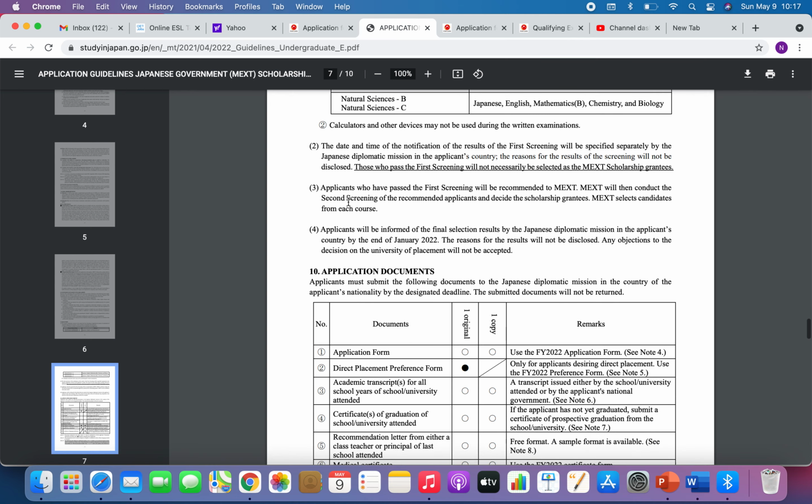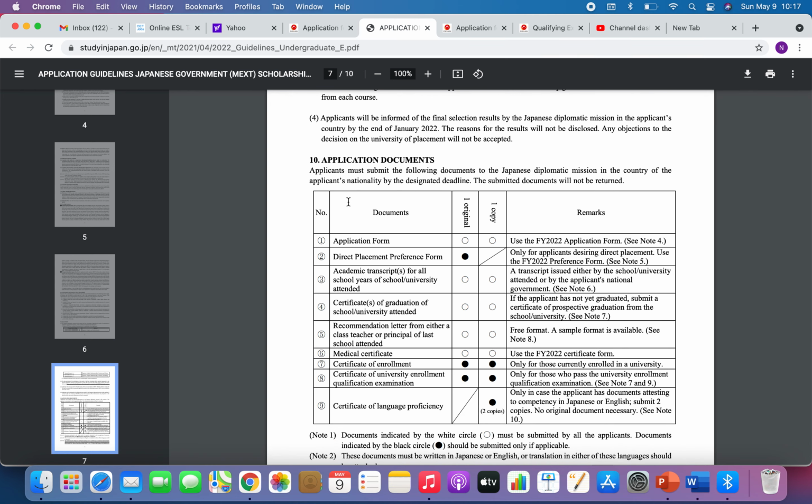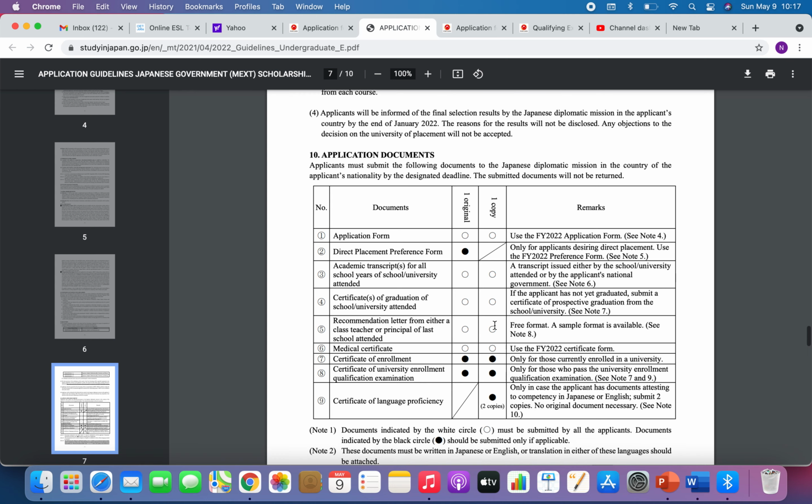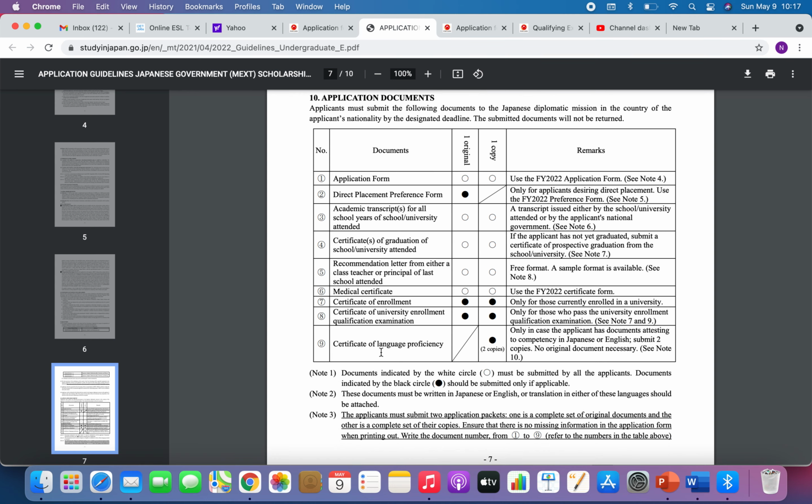But now let me just take you through this checklist. Before you submit your documents, you should ensure that you have submitted the documents which are indicated by this white circle. Let me read a note here. It says documents indicated by the white circle must be submitted by all applicants.